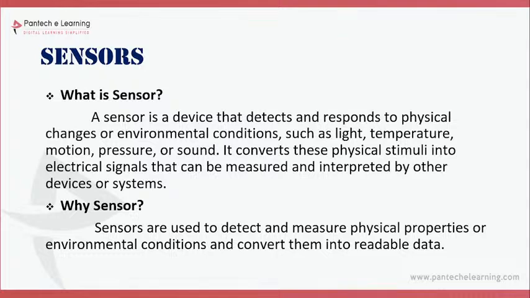Physical changes means if you are walking and go nearer to the IR sensor, it will show that an object is detected. That's why we are using sensors. What is the need of a sensor?